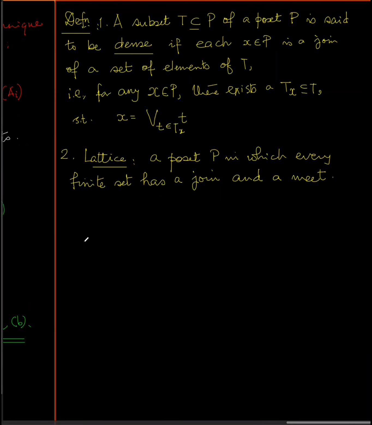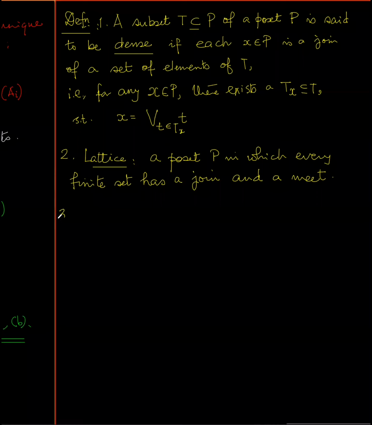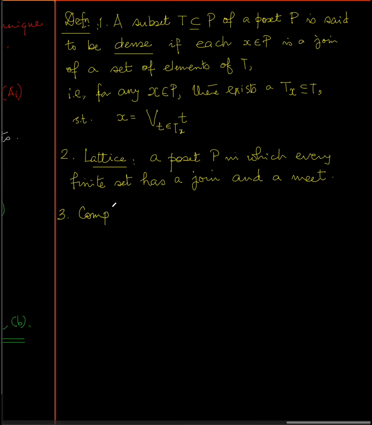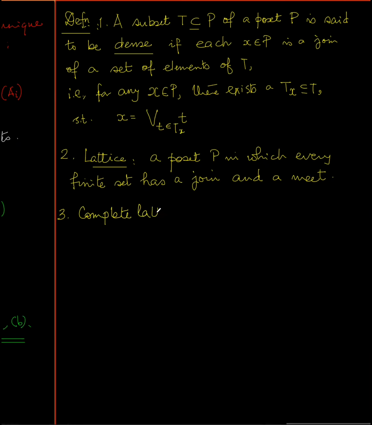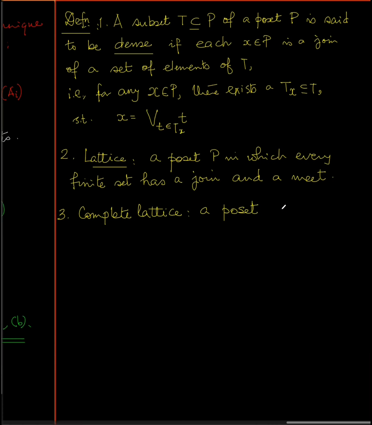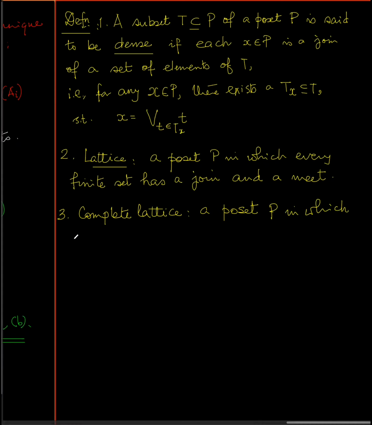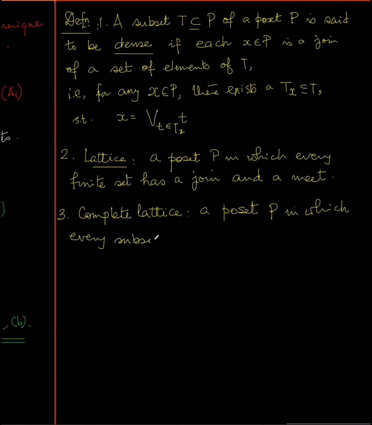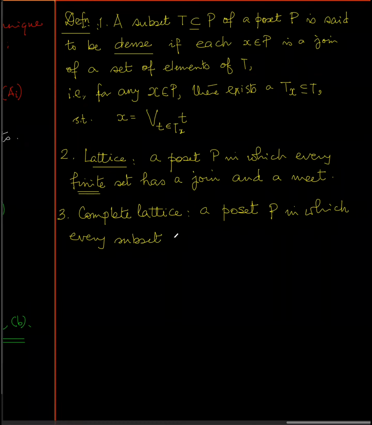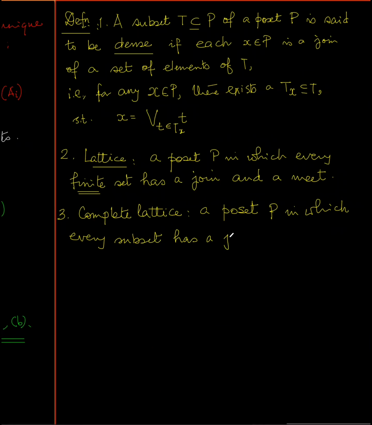And a complete lattice is a poset in which every subset, here it was every finite subset, every subset has a join. Okay.